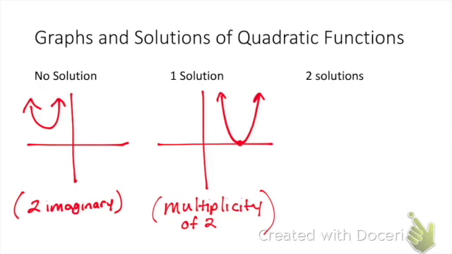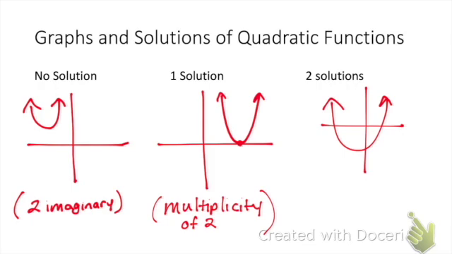If I only had one, then I would have a linear function and not a quadratic. And then two solutions just means it's going to cross twice, which means you would have two real solutions. You wouldn't have any multiplicities. You would not have any imaginaries.